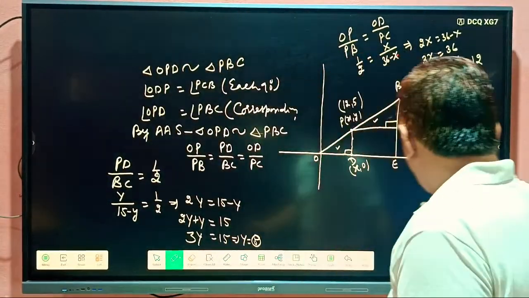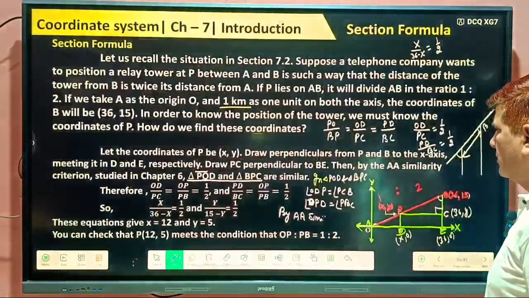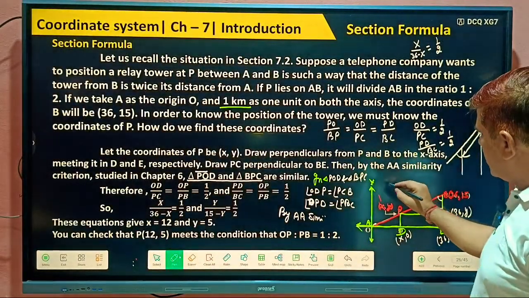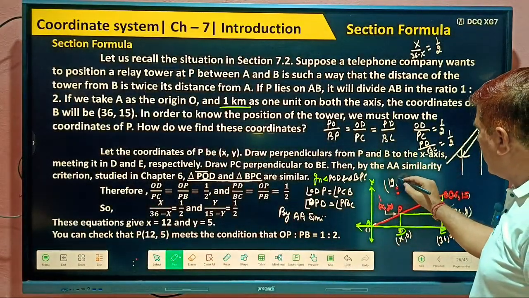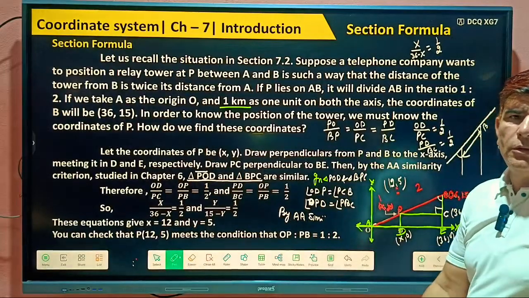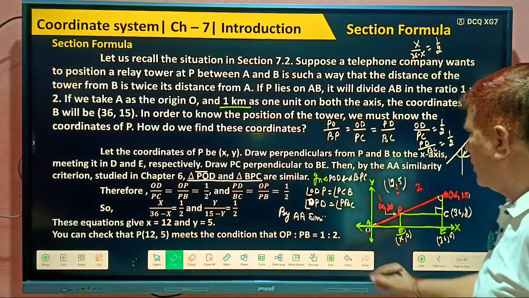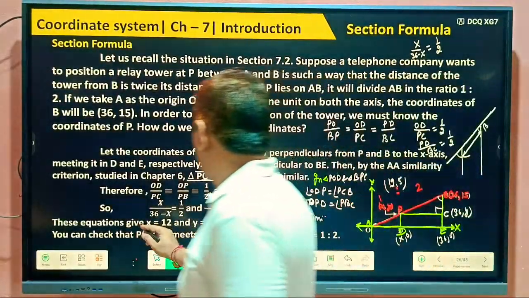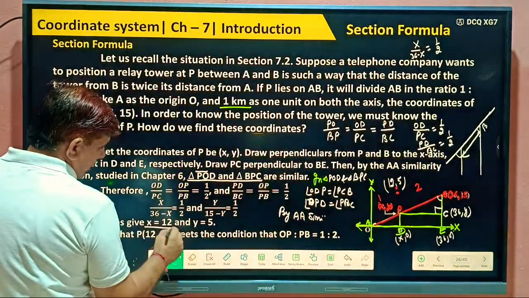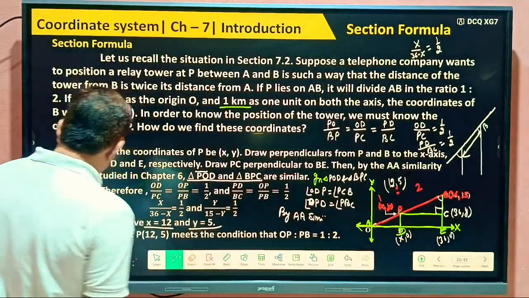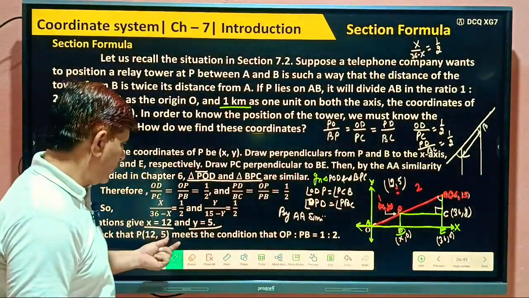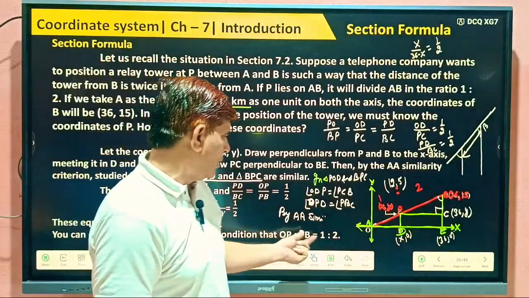Understood? I told you all these things. So what are the coordinates of this point? 12 and 5. So this equation gives x equal to 12, y equal to 5. You can check that P(12, 5) meets the conditions.